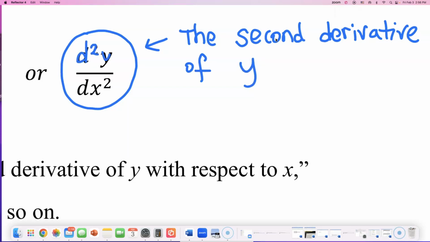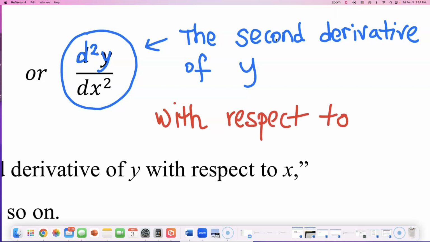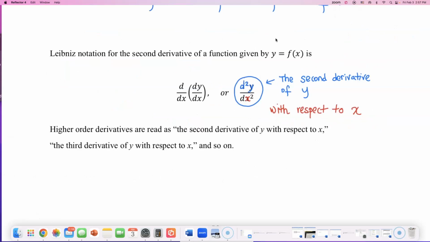The second derivative of y with respect to x. Okay, with respect to x. Sorry, it says it right here. The second derivative of y with respect to x.